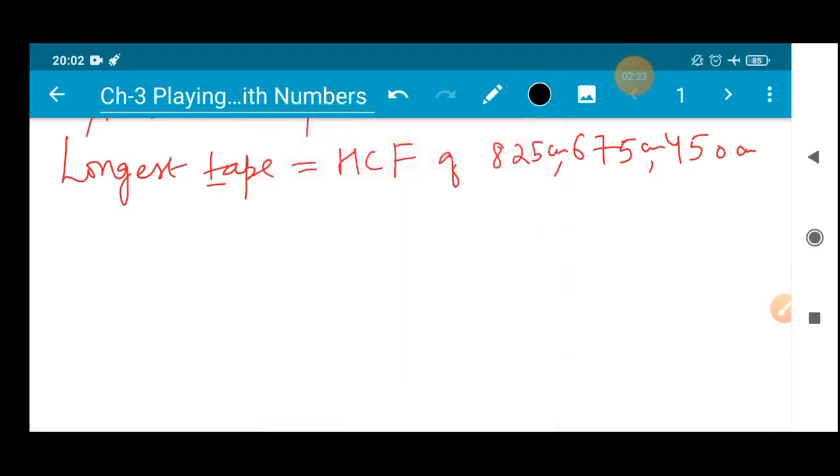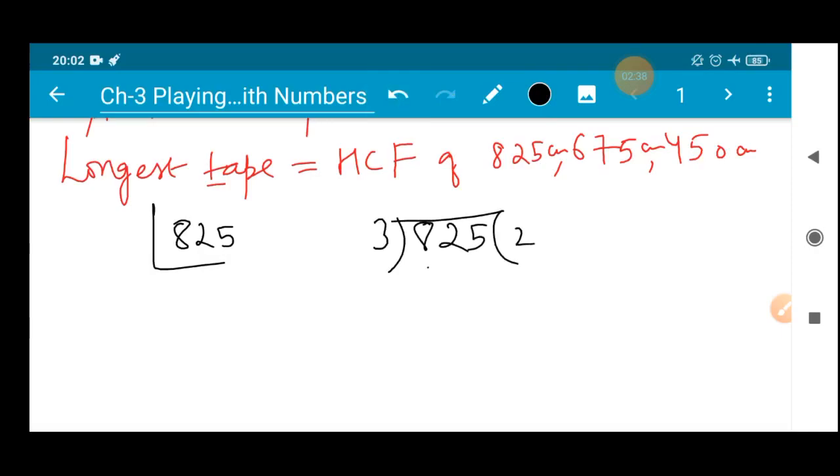now find the HCF using the prime factorization technique. Starting with 825, let's divide with 3, because 825 ends in 5 and cannot be divided by 2, being an odd number. 3 2s are 6, 3 7s are 21, 3 5s are 15.